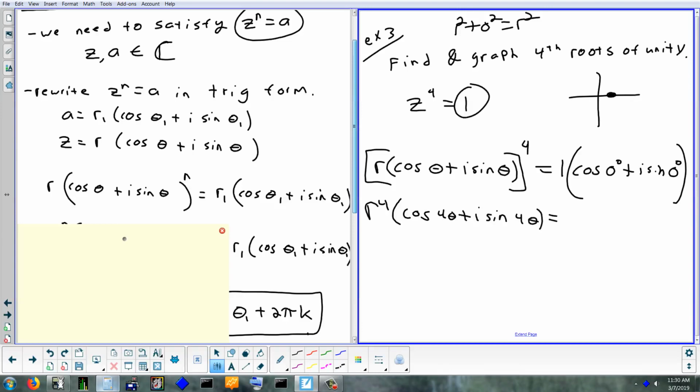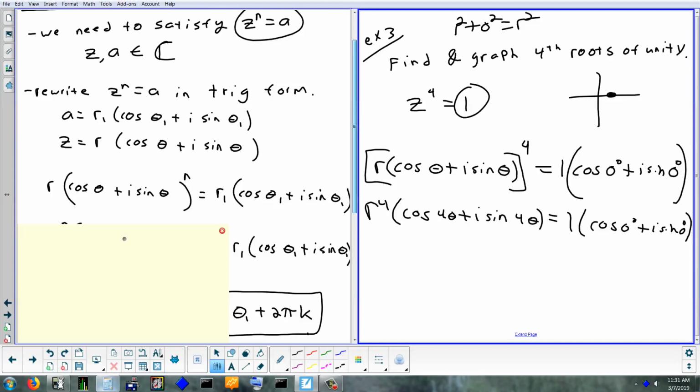Right side stays exactly the same. You don't even really need the 1 there, but I'm going to keep the 1 there just so you can see what it looks like when you keep it. Cosine 0 plus i sine 0. Sometimes I just jump right to the second step: r to the 4th and 4 theta.